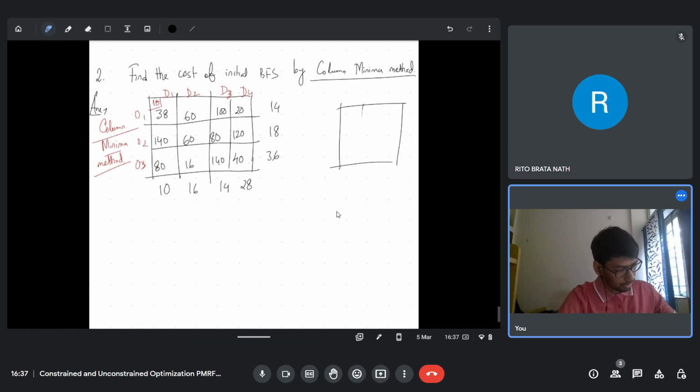So you'll be left with 3 columns. This is O1, O2, O3, D2, D3, D4. And you can write down the cost as well. So I'm not writing down the cost, but the one which is having the minimum value in this is 16, right? So here, minimum of 16 and 36, you can allot 16 here.